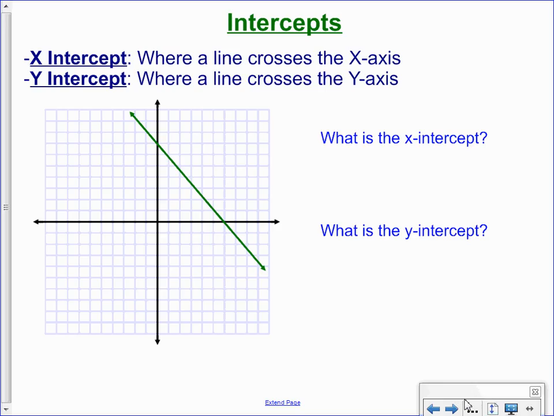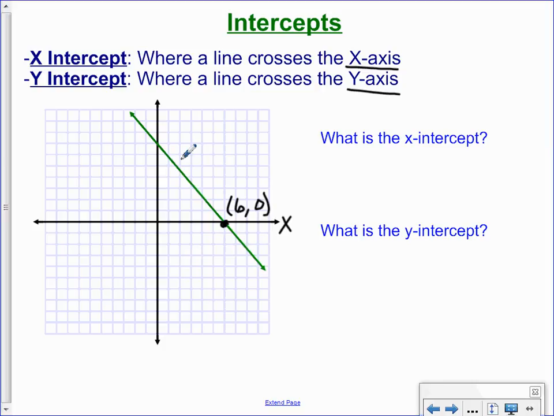All right, here we go. The x-intercept is where the line crosses the x-axis. There it is. And the y-intercept is where it crosses the y-axis. The x-axis is the horizontal axis. So the x-intercept is right here, and if we count 1, 2, 3, 4, 5, 6, the coordinates would be x and y, alphabetical order, 6 and 0.